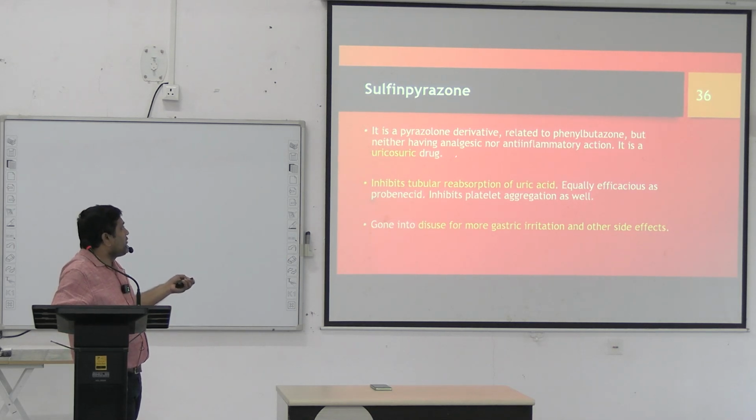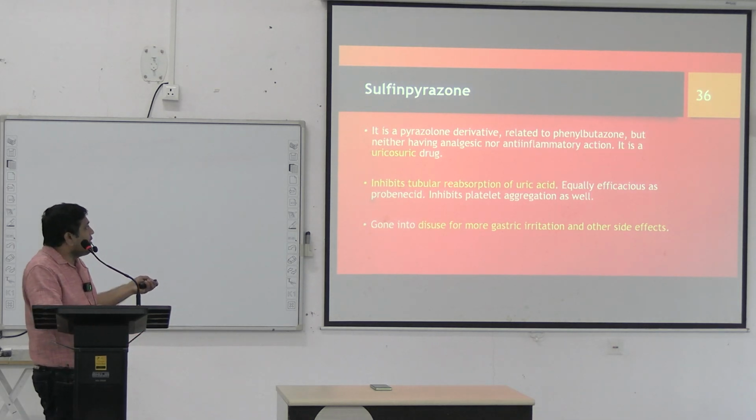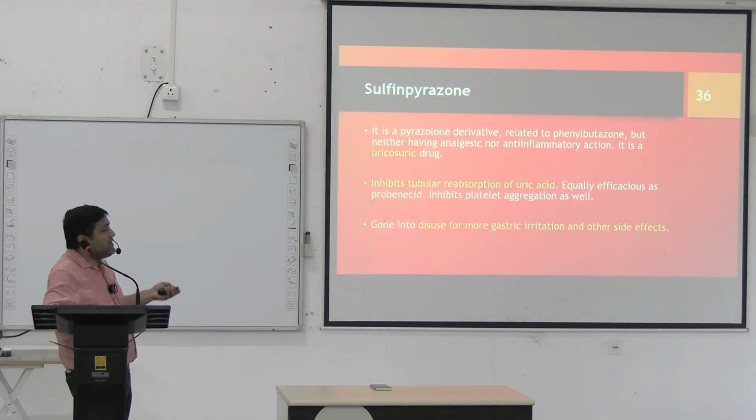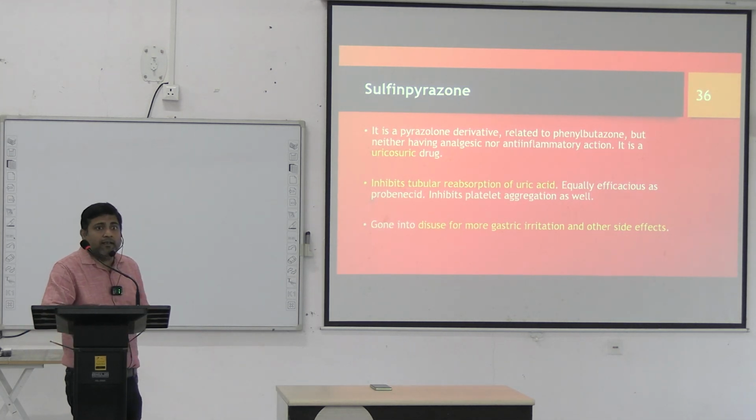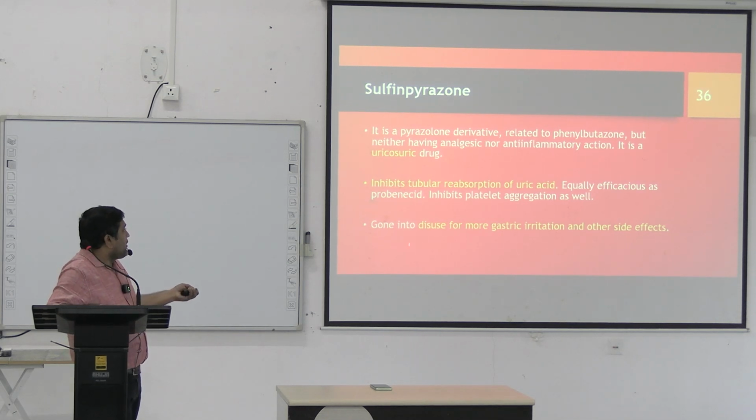It is a uricosuric drug. It inhibits tubular reabsorption of uric acid, equally efficacious as probenecid, and it inhibits platelet aggregation as well. Gone into disuse because of more gastric irritation.